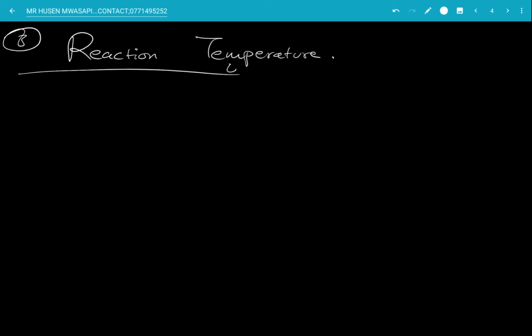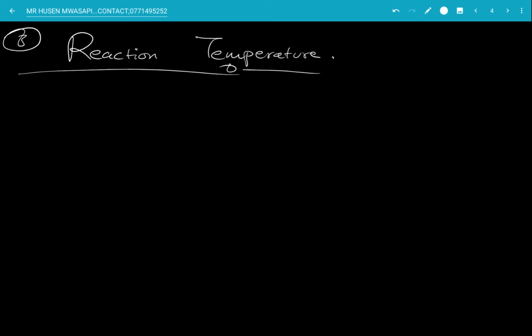Then if we look at the reaction's temperature, temperature talks about how hot or cold something is. So in terms of reaction rate, we're trying to look at it in terms of how much kinetic energy is created as a result of the heat produced by any source.